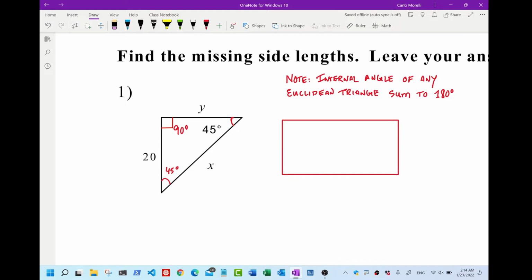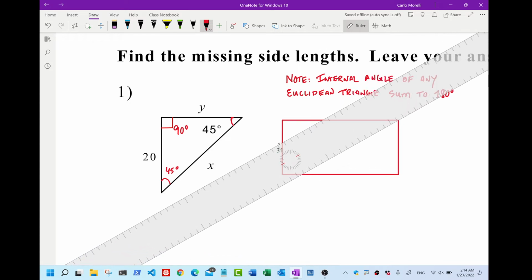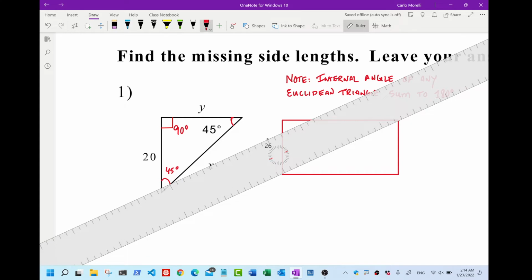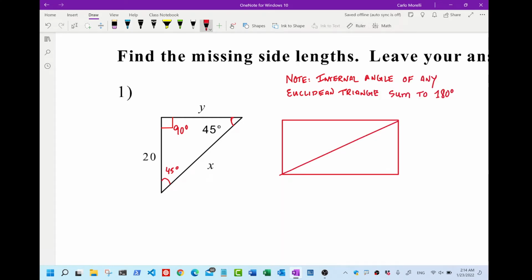So it's a good idea to use the example of a rectangle, and then if you diagonally cut that rectangle like this, you have two triangles. See? Now here's the cool thing.